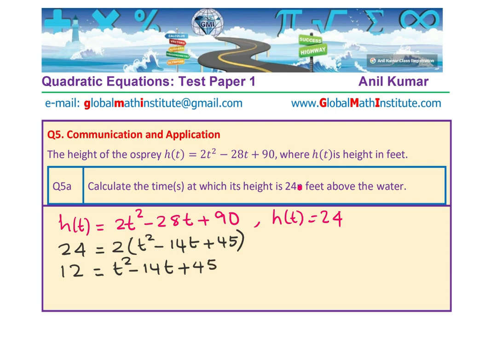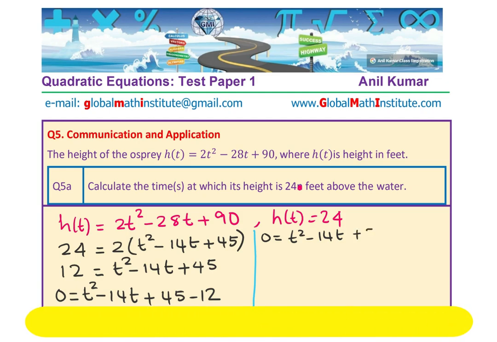Let us rearrange, bringing 12 to the right hand side. It gives us 0 equals t squared minus 14t plus 45 minus 12, right? So let us simplify it. We get 0 equals t squared minus 14t, and 45 minus 12 will give us 33.